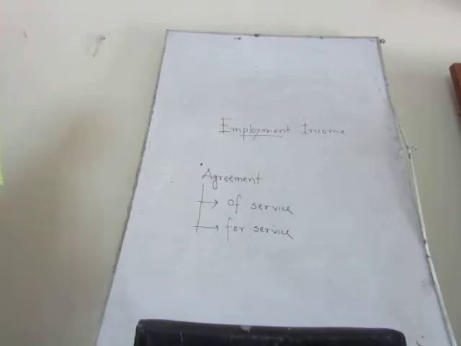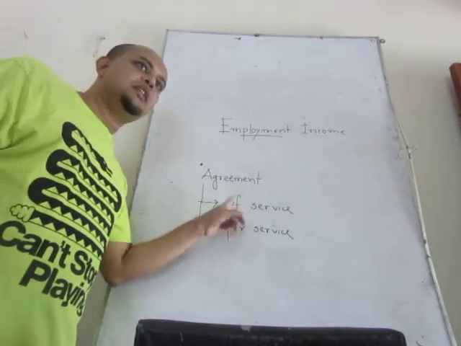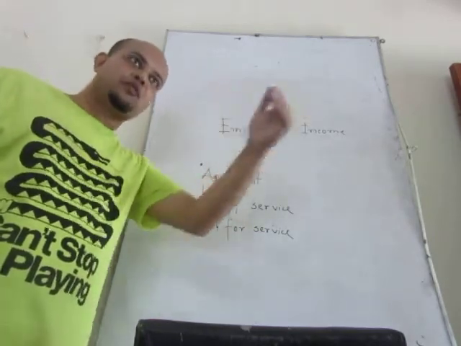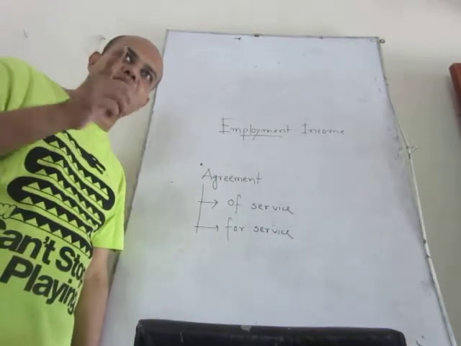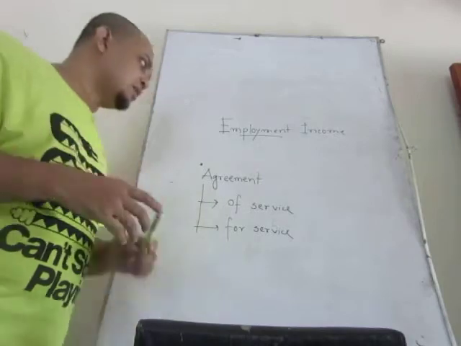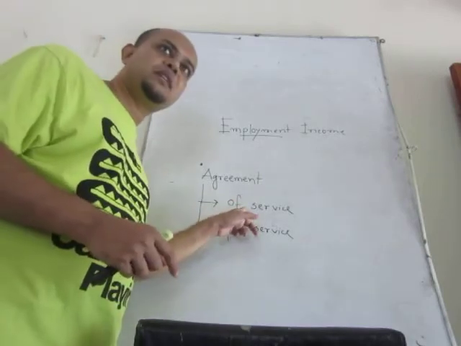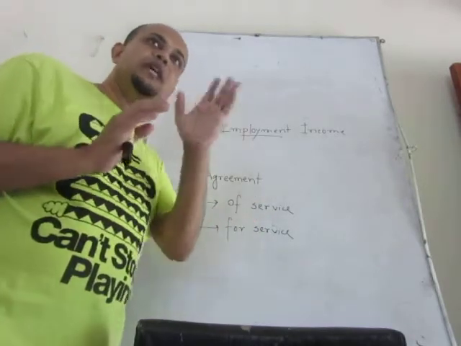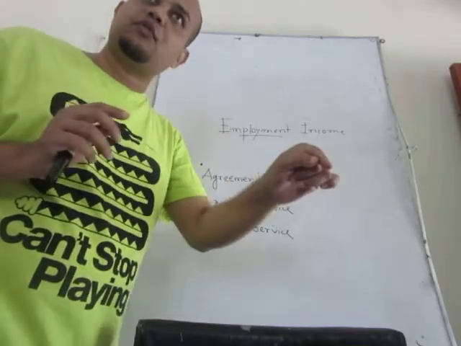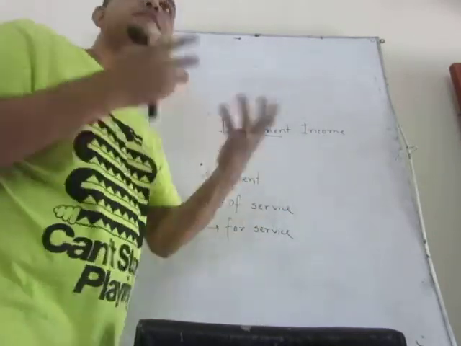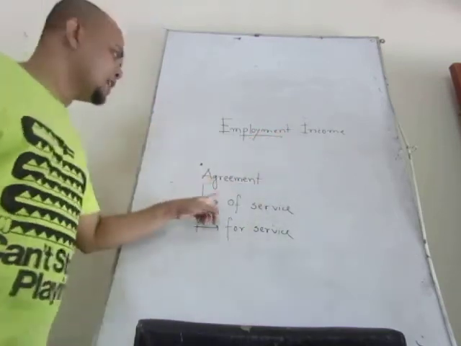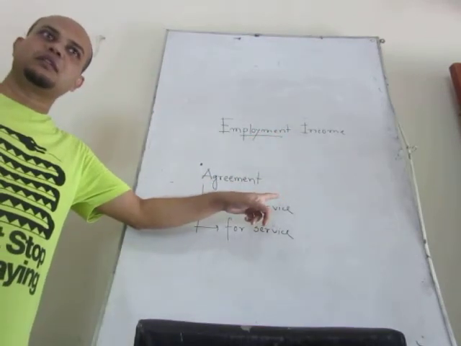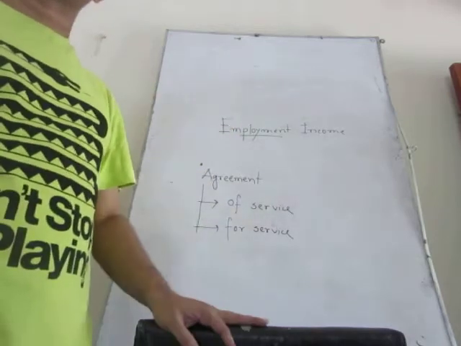Suppose, think yourself, if you are employed with some kind of organization, first of all you have to sign an agreement with the organization. With that agreement, you will be engaged in that organization for a specific kind of service, right? So when it is an agreement of service, that is employment.